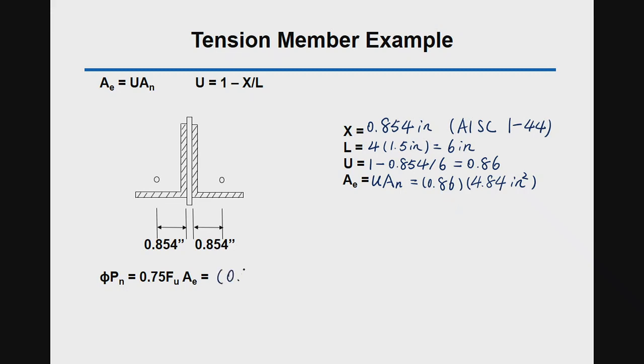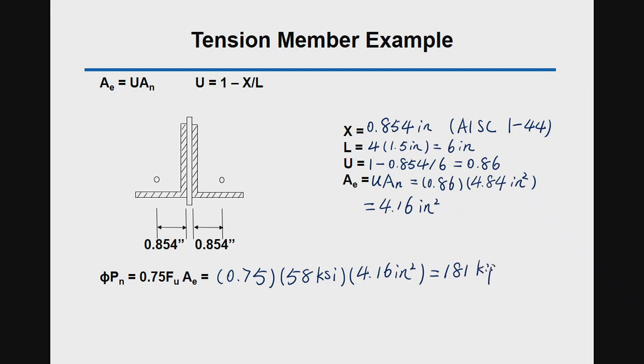So it is equal to 0.75 times Fu, and Fu for A36 is 58 ksi, times the effective area. From there we get Ae equals 4.16 square inches, and multiplying gives 181 kips.